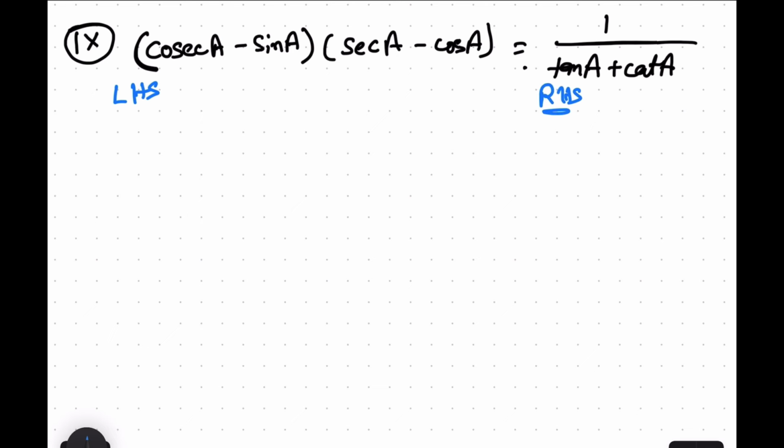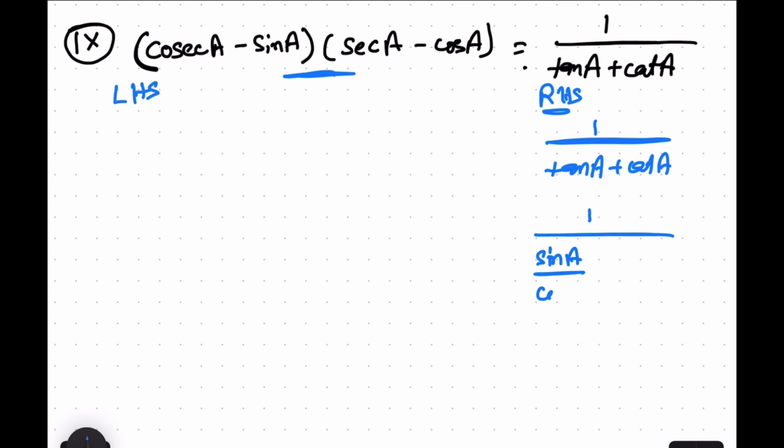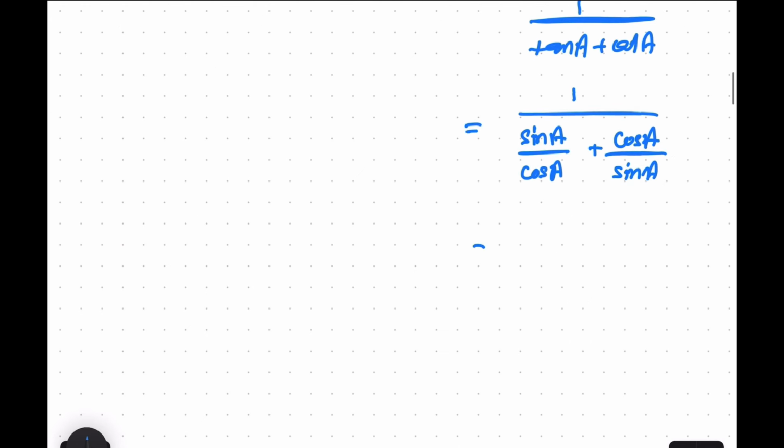Let's convert this RHS in terms of sine and cos, right? So in the RHS we can see 1 over tan A plus cot A, right? Let's convert into sine and cos. So it will be sine A divided by cos A, and this will be cos A divided by sine A. Next, write it down.